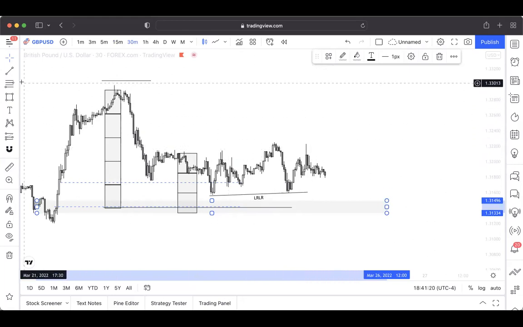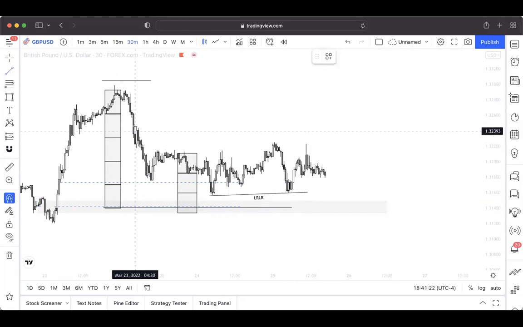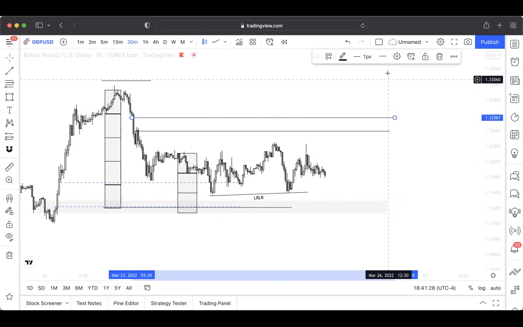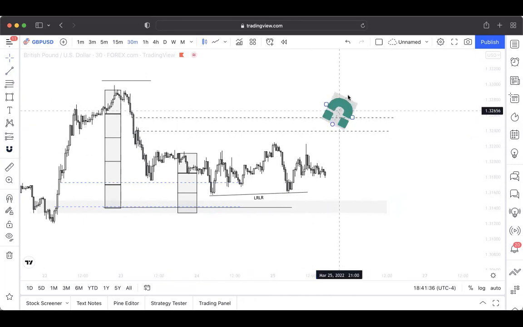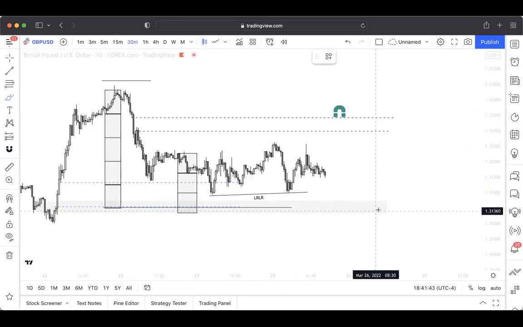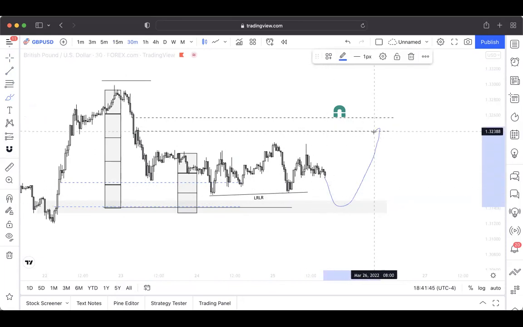Well, one logic could be that here we have the fair value gap in the market, right there. So you already have a logic and an idea. This is acting as a magnet. So the price could possibly come down here and up there.